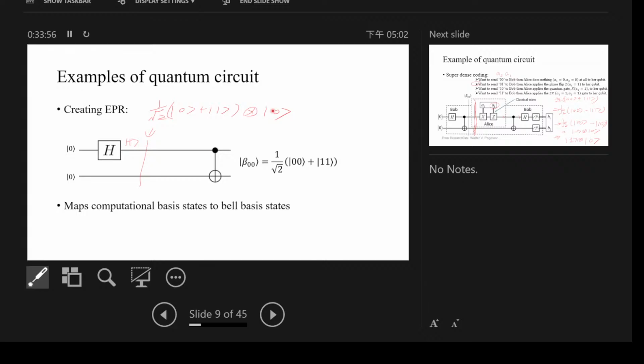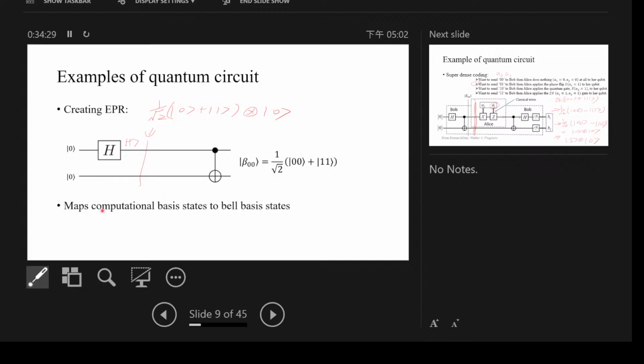The second qubit is still 0, and then you apply your CNOT gate here. So |00> is still |00>, and |10> will become |11>. So you kind of copy the first qubit to the second qubit: if the first qubit is 0, it's |00>, and if the first qubit is 1, it's |11>. But it's an entangled state because |11> and |00> are in superposition.